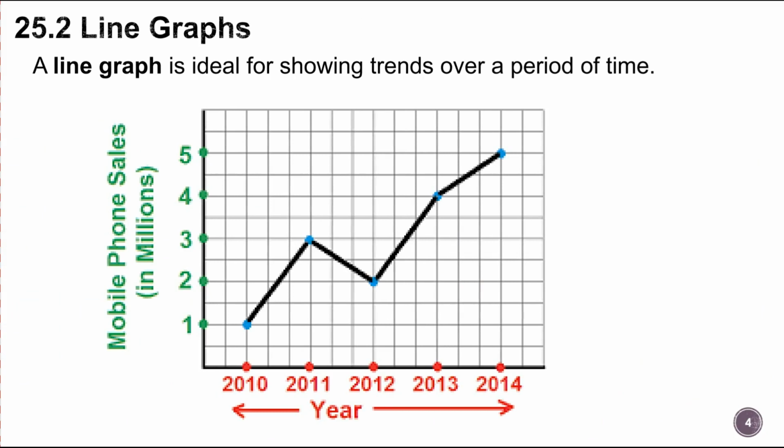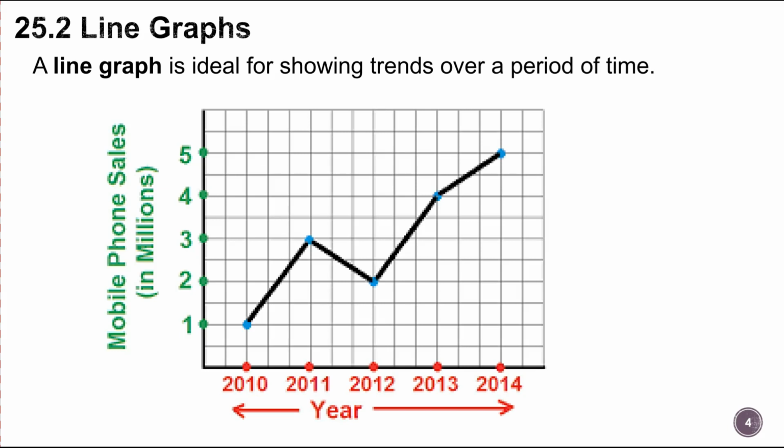Here is a graph about mobile phone sales in millions. Looking at that vertical axis, the 1, 2, 3, 4, 5 means 1 million in sales, 2 million in sales, 3 million, and so on. And then the years are from 2010 to 2014. You can see a definite trend: the number of cell phones being sold is rising.